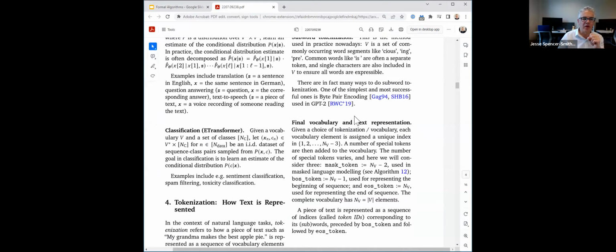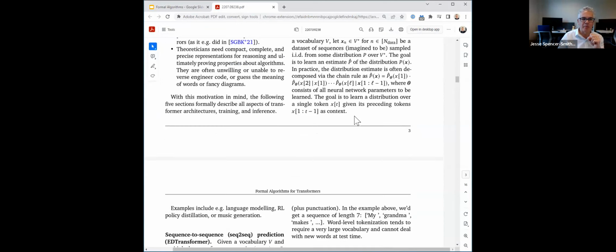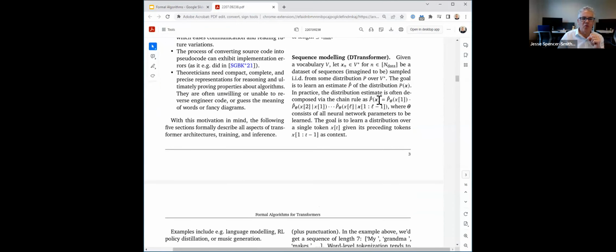So when we go up here and we go after that sequence modeling, that's really what's happening. Data, given your parameters, gives you that probability distribution over the next tokens.